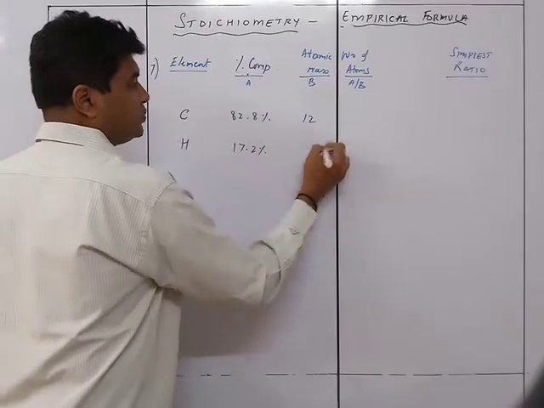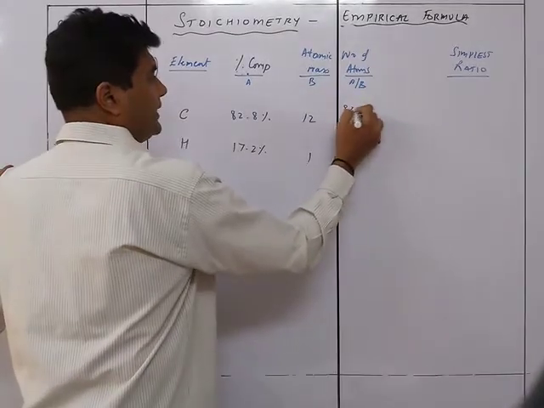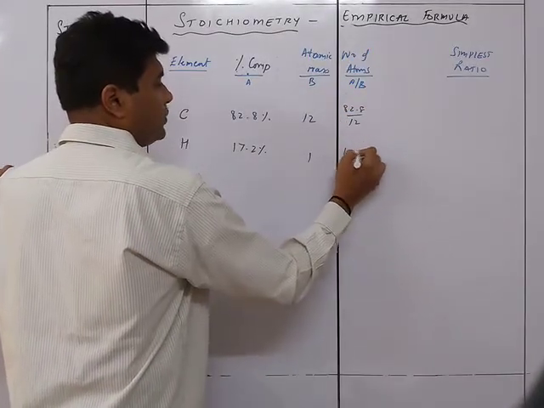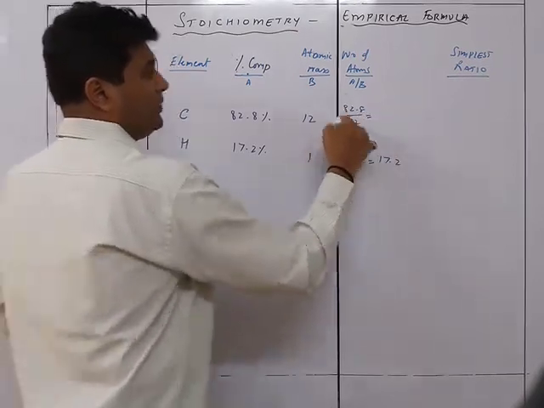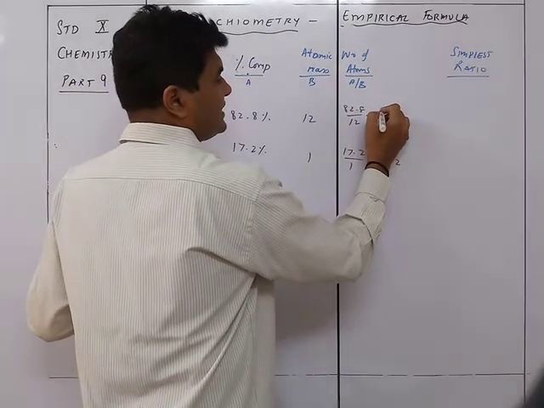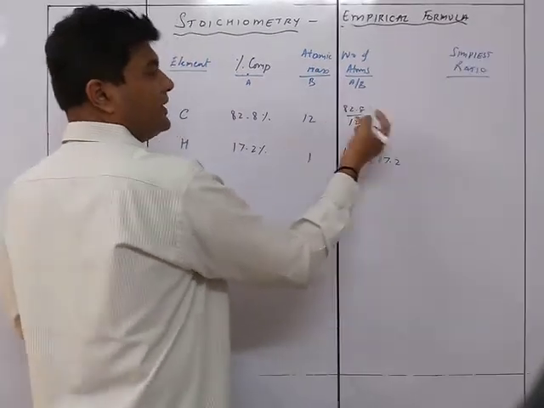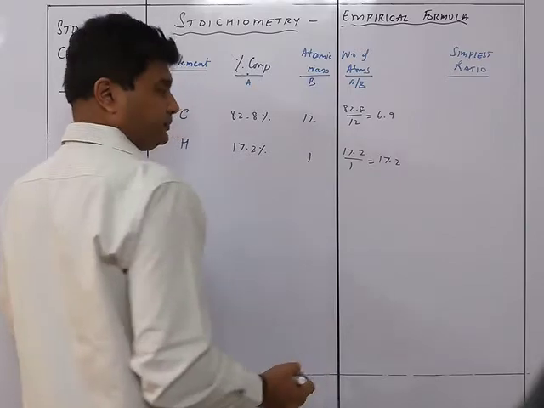So obviously the balance is 17.2%. This is 12, this is 1, so this is 82.8 upon 12 and this is 17.2 upon 1, which is 17.2. Over here the division gives 6.9.